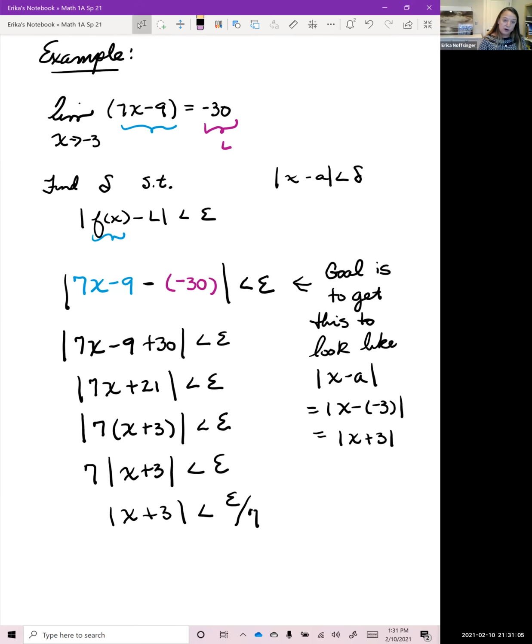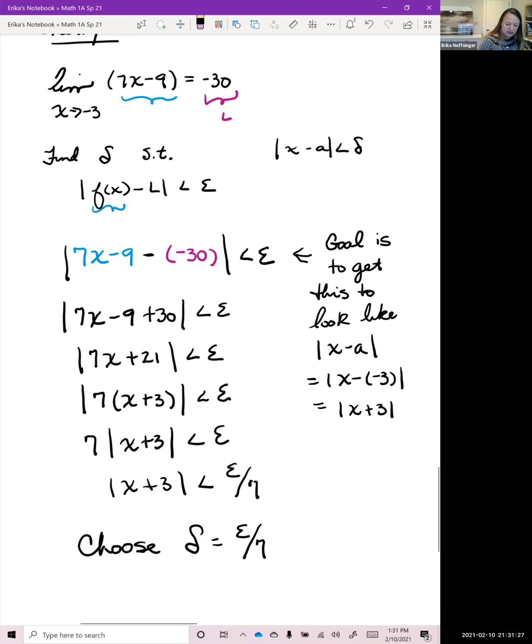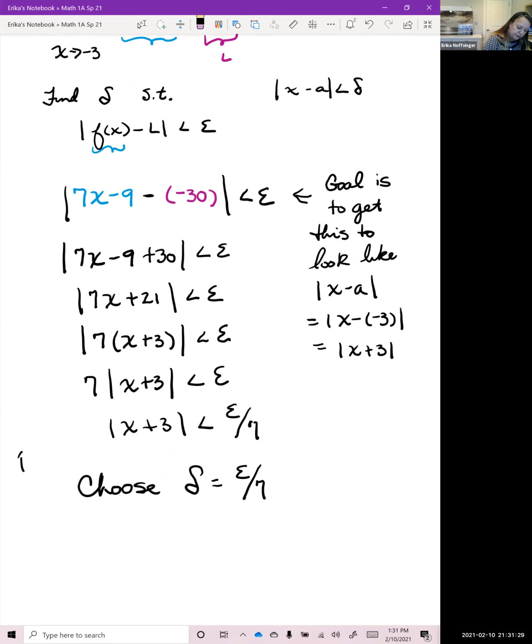Okay, so now we figured out what we need to choose delta to be so that this is always a true statement. So we want to choose delta to equal epsilon divided by 7. And we can start our proof.